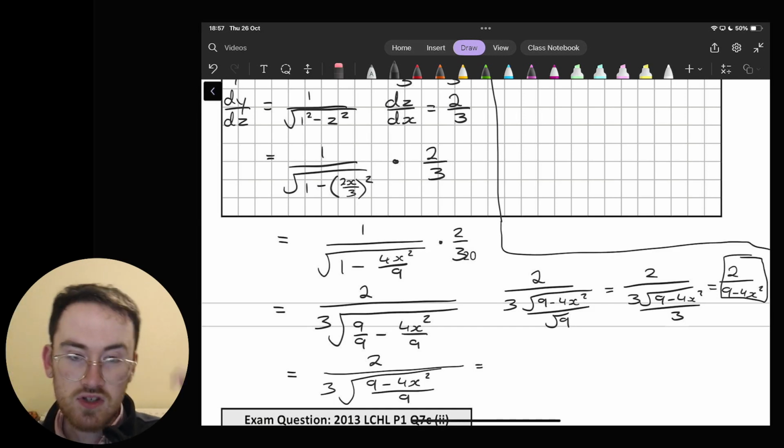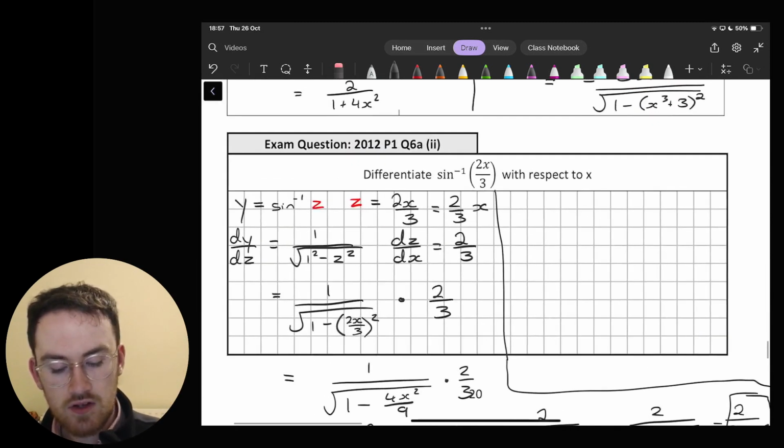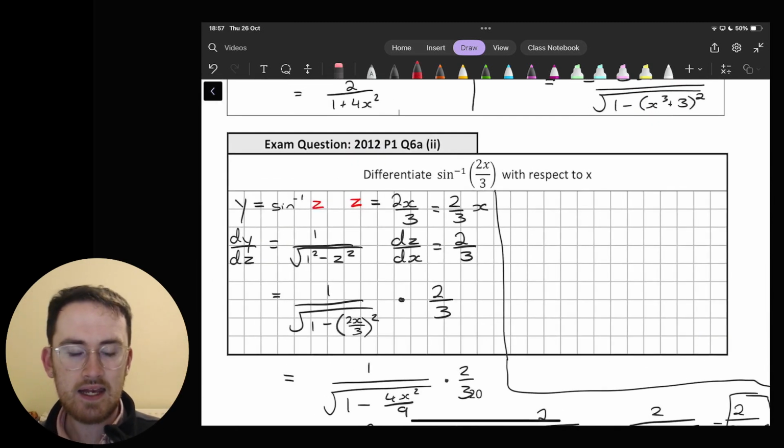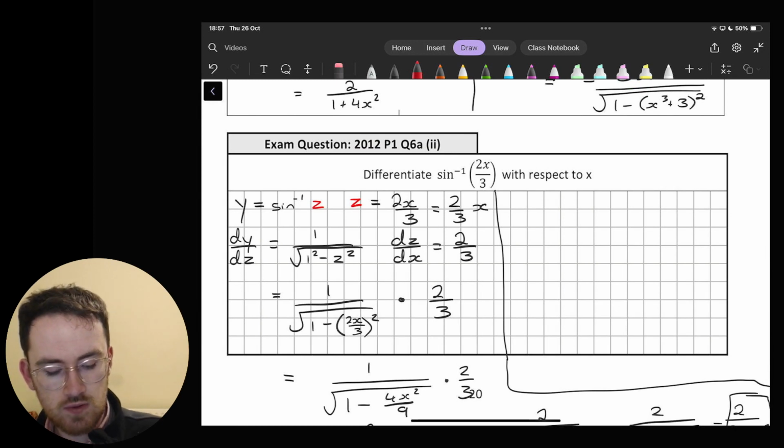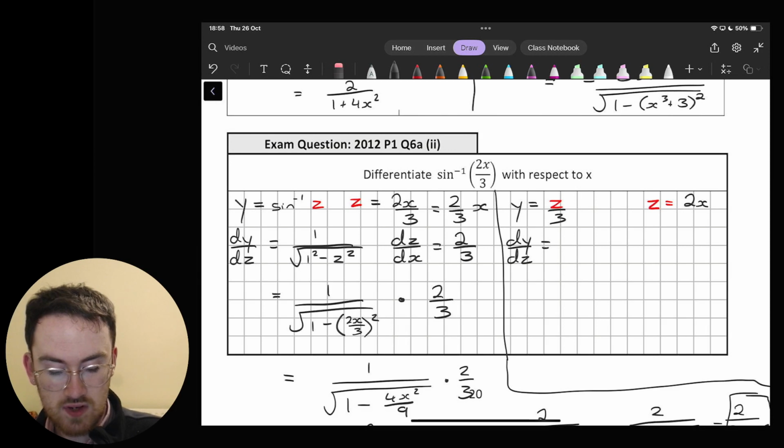Okay, so it does end up seeming a tad long-winded, if you like. The other version that we have is to make a smaller substitution. So instead of substituting for the entire expression, we could just substitute for the top part. So y would be z over 3, which means that dy/dz, we're going to use 3 instead of a.